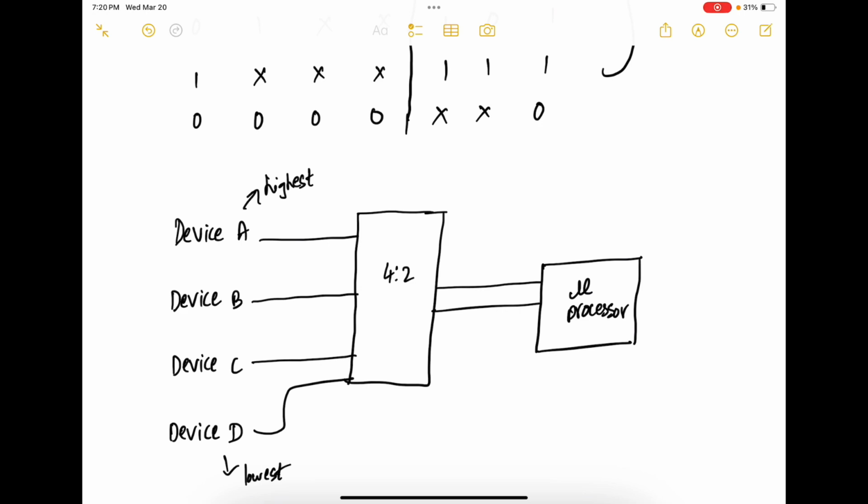Right? So this is where a priority encoder is used. Whenever you have a situation where one device is much more critical to the system, then that has to get access to the microprocessor for resources, and a priority encoder will help us do that.